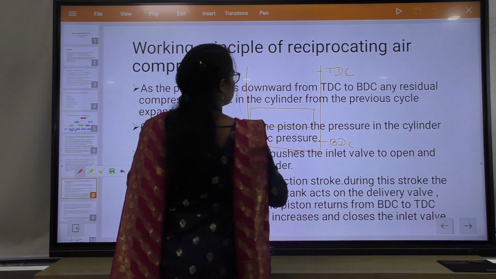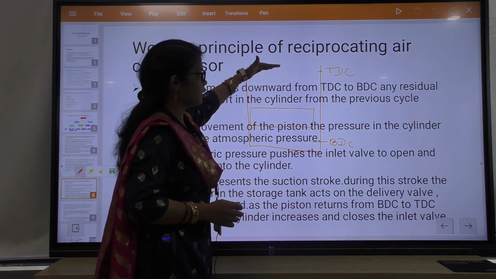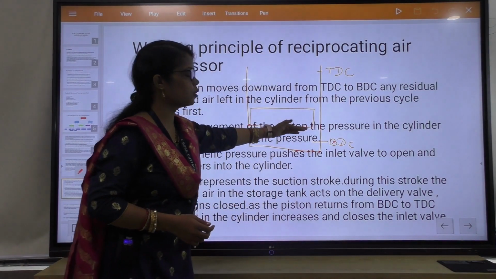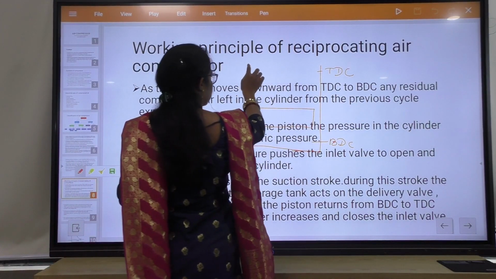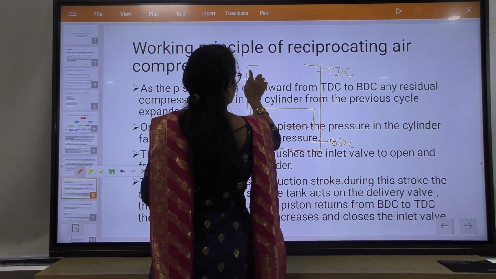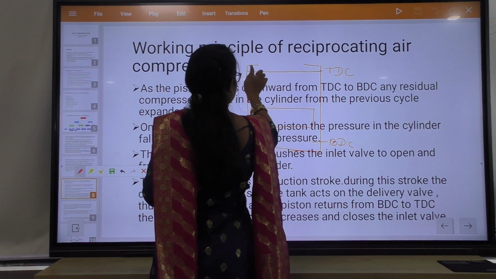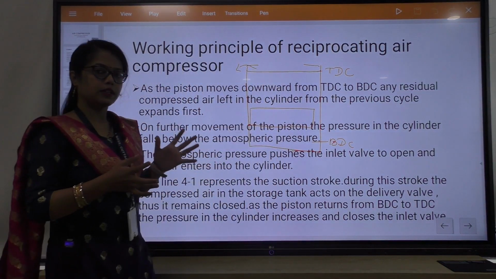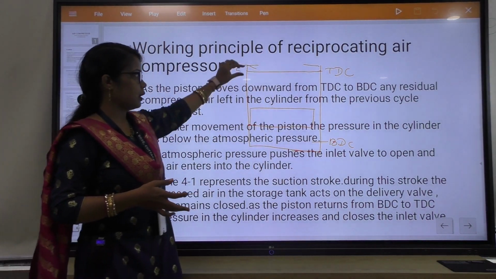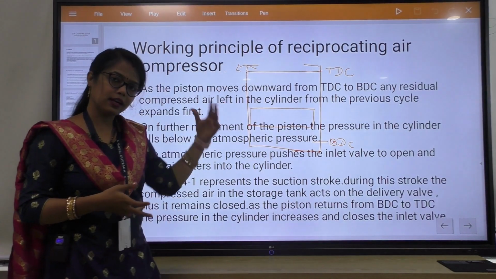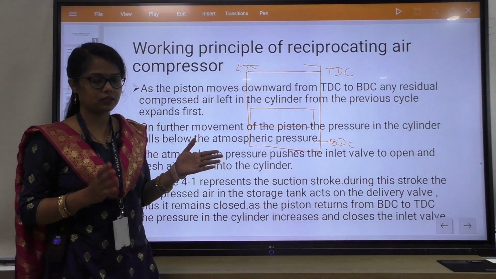When the piston is moving downward, that is from the top dead center to the bottom dead center, then what happens? Above the cylinder head, some part of air from the previous cycle remains inside the cylinder. That air is compressed air, and it remained from the previous cycle, clear?